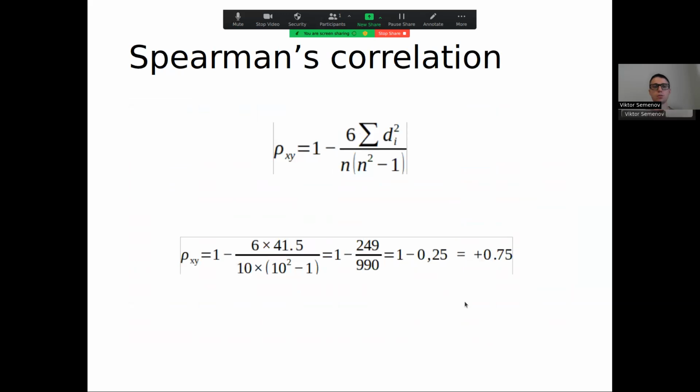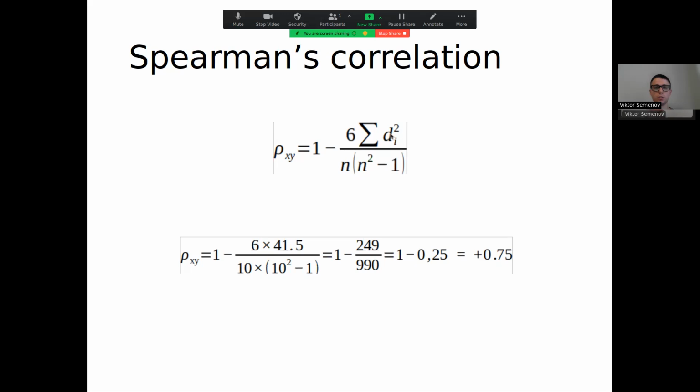And then we just need to apply a simple formula to find the correlation coefficient. You can see the Greek symbol rho, which is sometimes used for Spearman's correlation coefficient. So rho equals 1 minus 6 times the sum of squared rank differences, divided by n multiplied by n squared minus 1.